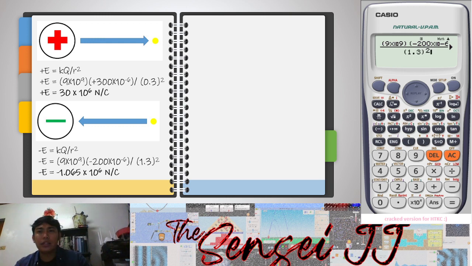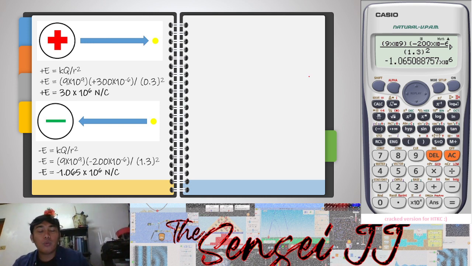Okay, sir, why is it 1.3 for that? Our distance is just 1 meter away from our positive charge, the electron, and an additional 30 centimeters to our point. That's why it is 1.3. And we will be having an answer of negative 1.6065 times 10 raised to 6.